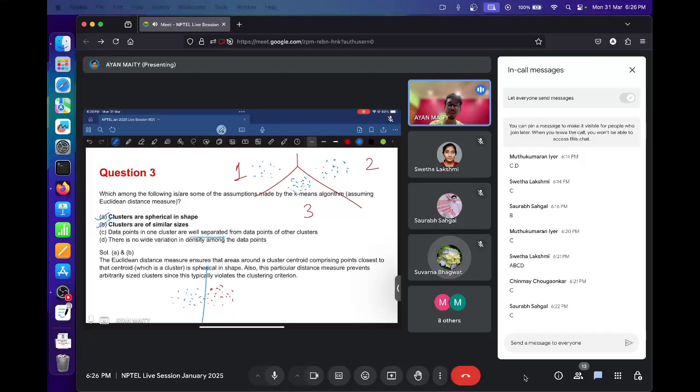It does not assume that two clusters have to be separated by, let's say, 1 centimeter or something like that. Points can be very close to each other. Obviously, points cannot overlap with each other. When points overlap, it will not be able to find out that the clusters are overlapping. It will always find this separation boundary for the cluster, even if the cluster points are overlapping. But it does not assume that the two clusters have to have a specific buffer region between them. It does not assume anything like that.